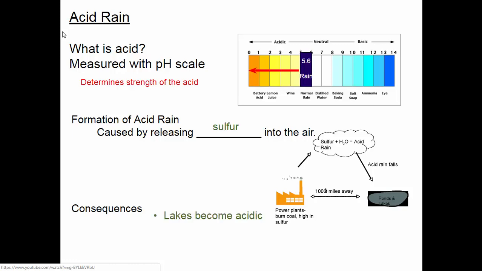And what happens is it builds up and it causes soils and lakes and rivers to become acidic. And some organisms cannot tolerate acidic conditions. Some plants can't tolerate acidic conditions. Some soils are pretty good at absorbing and neutralizing the acid.